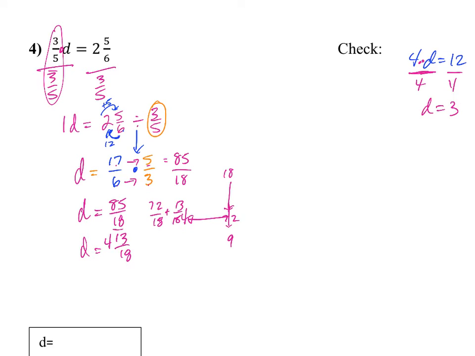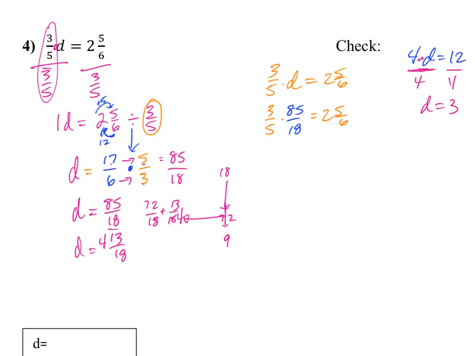So when I check, I'm going to plug in that 3/5 times D is supposed to equal 2 and 5/6. So I'm going to have 3/5 times 85/18 is supposed to equal 2 and 5/6.